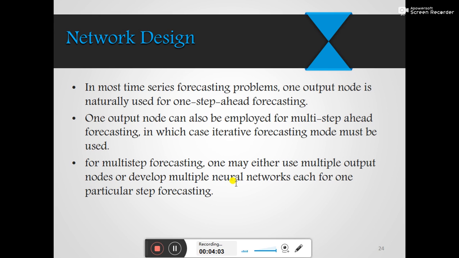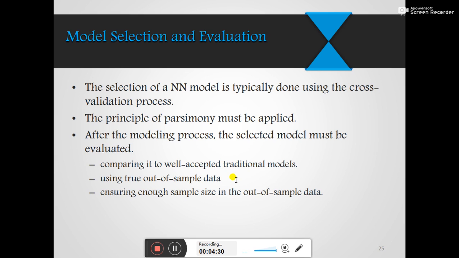For multi-step forecasting, one may either use multiple output nodes or develop multiple neural networks, each for one particular step of forecasting. The selection of an NN model is typically done using the cross-validation process.